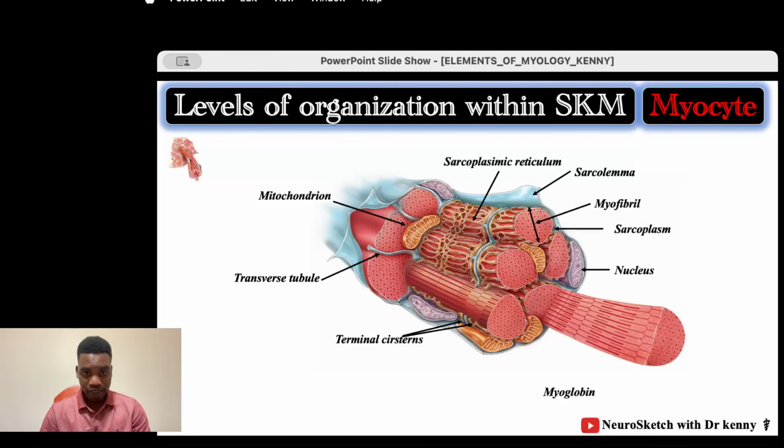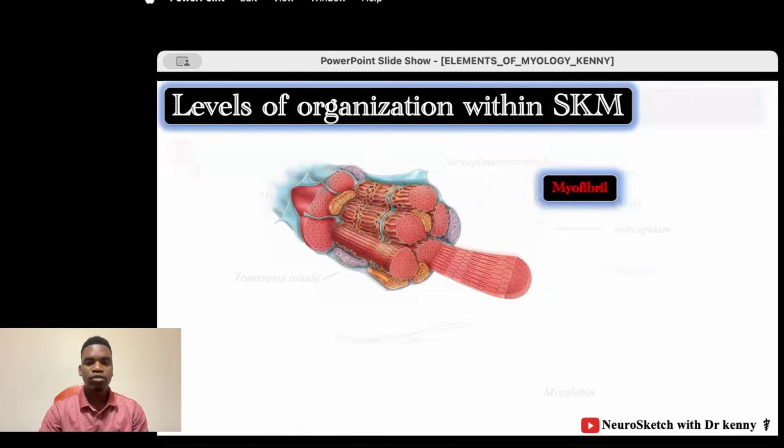We know that from high school. There is also an extension of the sarcoplasmic reticulum that we call the terminal system, but don't worry about those. Let's discuss the myofibril, the contractile element of a muscular tissue.